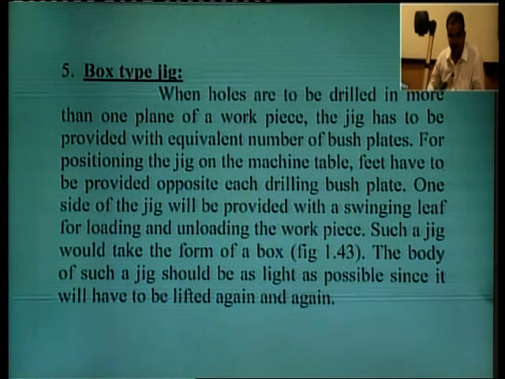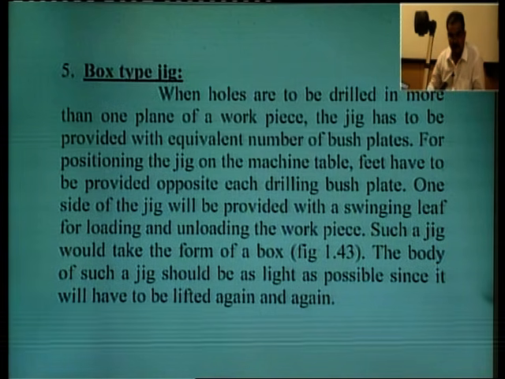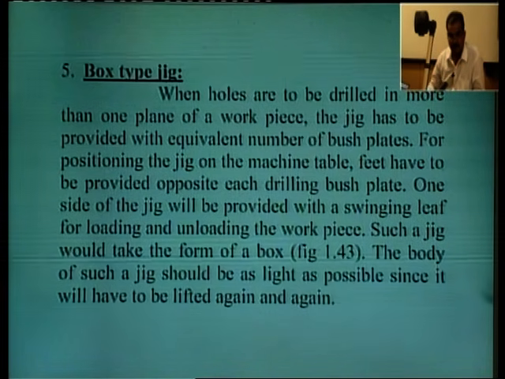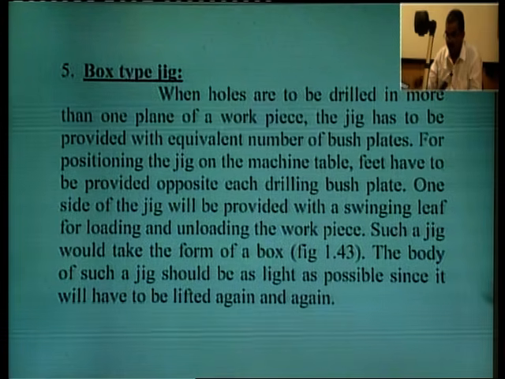One side of the jig will be provided with the swinging leaf for loading and unloading of the workpiece. Such a jig would take the form of a box. The body of such a jig should be as light as possible, since it will have to be lifted again and again.